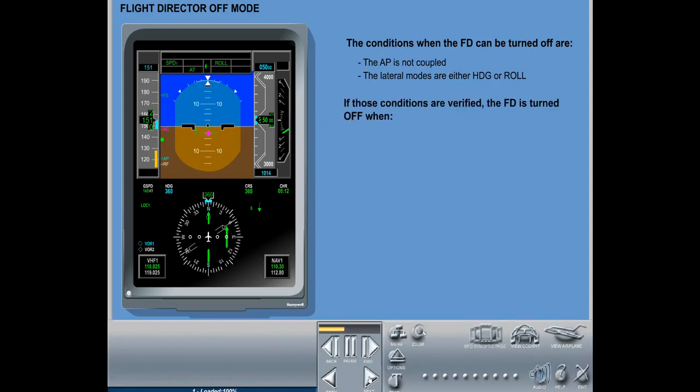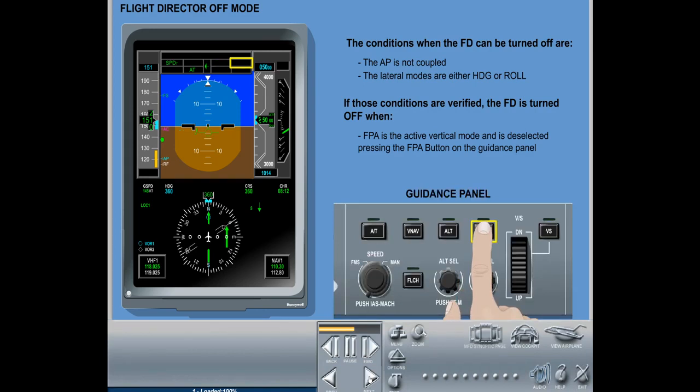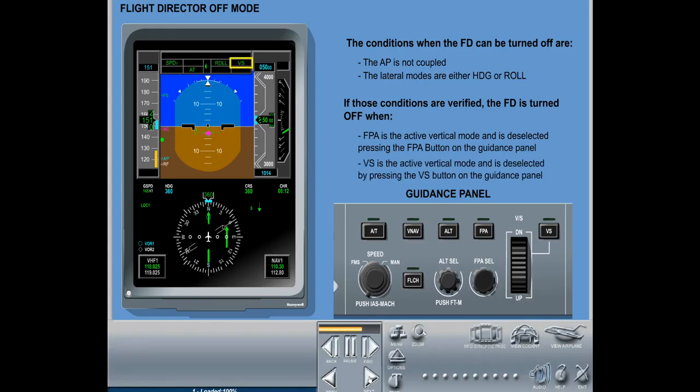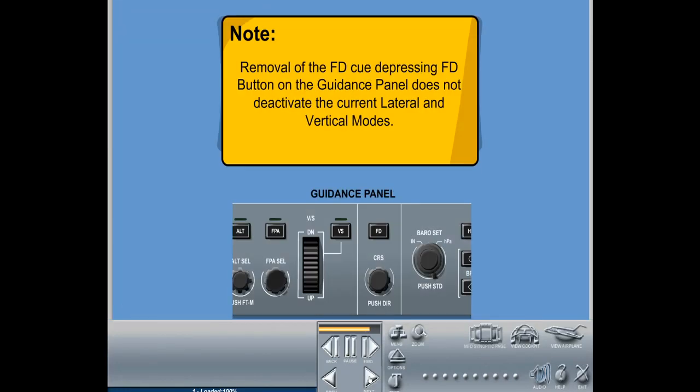If those conditions are verified, the Flight Director is turned off when flight path angle is the active vertical mode and is deselected pressing the Flight Path Angle button on the guidance panel. Vertical speed is the active vertical mode and is deselected by pressing the Vertical Speed button on the guidance panel. Note: removal of the Flight Director cue, depressing Flight Director button on the guidance panel, does not deactivate the current lateral and vertical modes.